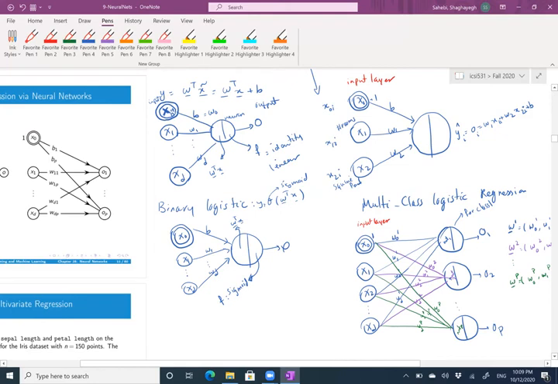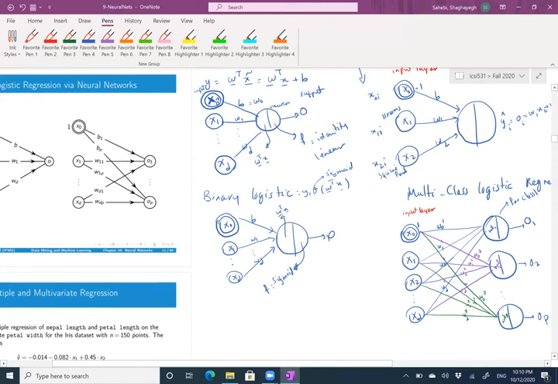Now, you remember that when we were working with logistic regression and linear regression, our goal was to learn the parameters, learn the W's that would have matched our data the best, right? So we defined an objective function, and we tried to learn the W's given our data set.